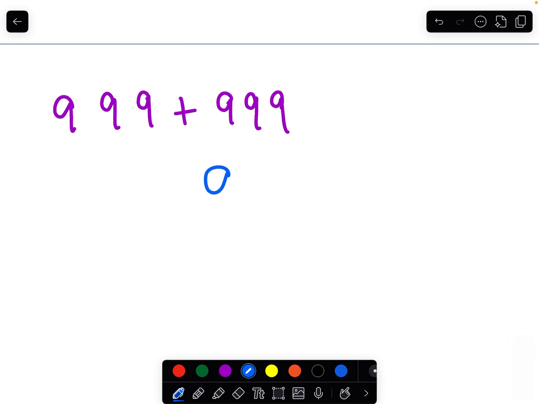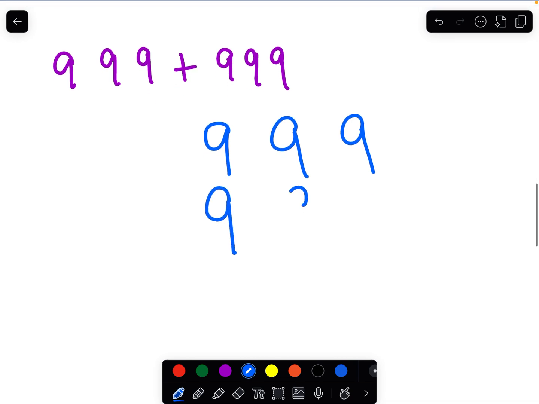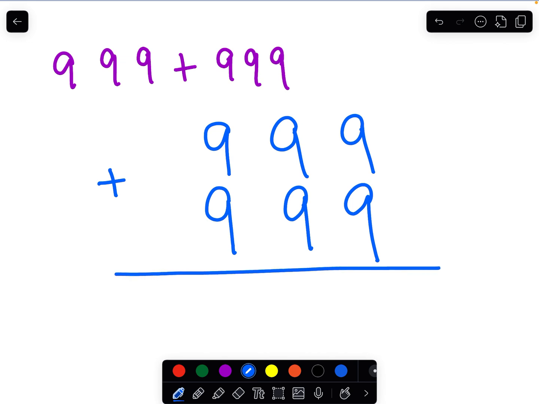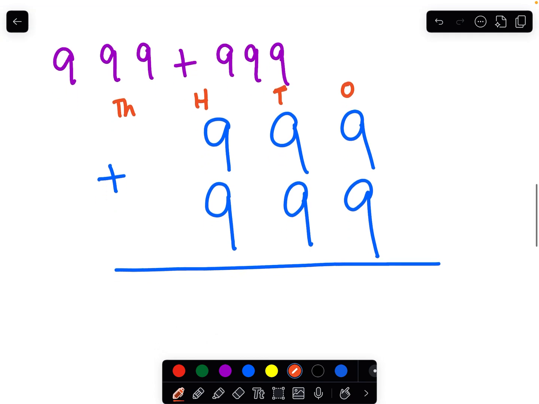Just make sure that when you write your numbers, they are stacked in exactly the right place. Let's say I'm not sure about my place value. I'm going to just put ones, tens, hundreds, and we may have some numbers in the thousands, so I'll put that there.